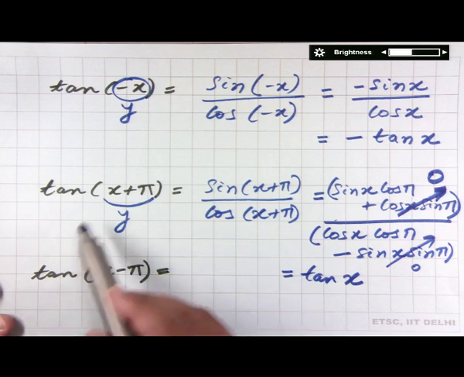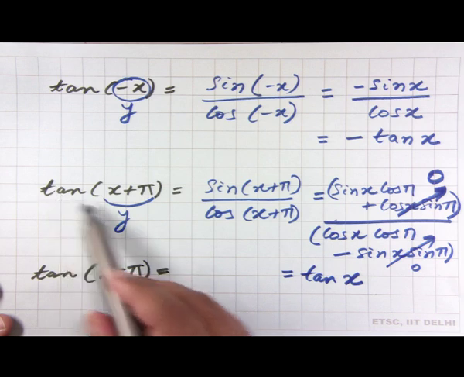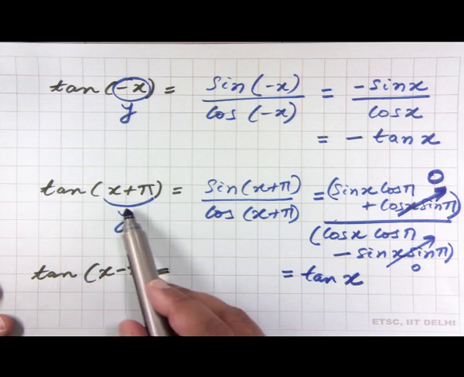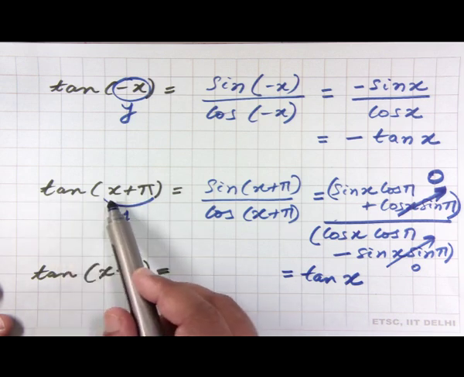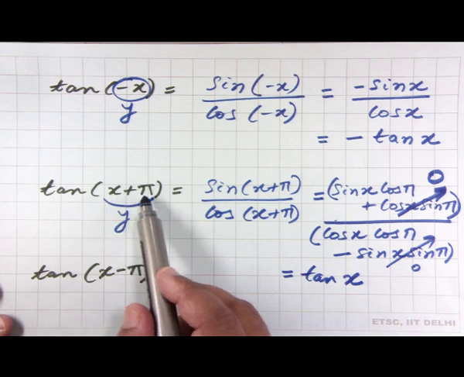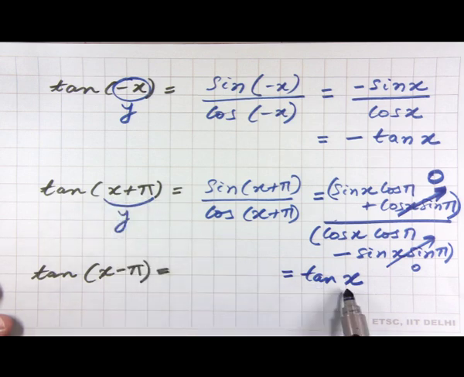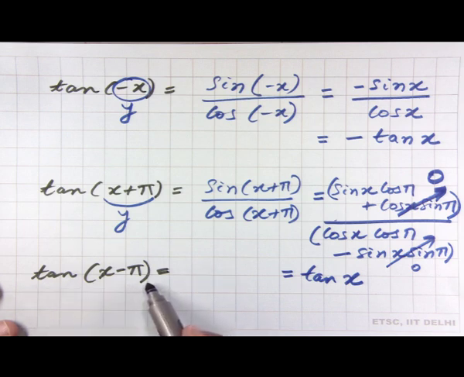So, what we see is that the tangent function is actually periodic with pi, because for any angle x, tangent of x plus pi is equal to tangent of x. And similarly, we can even show that tangent of x minus pi will be equal to tangent of x.